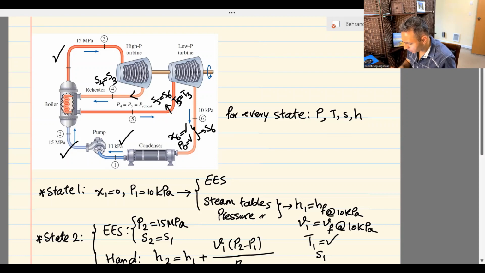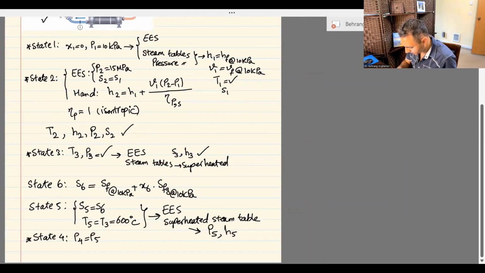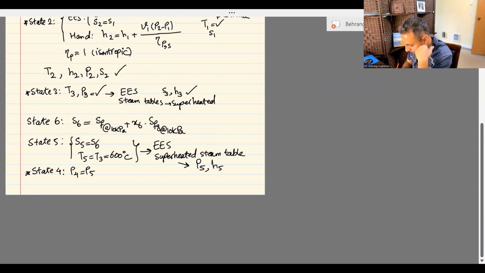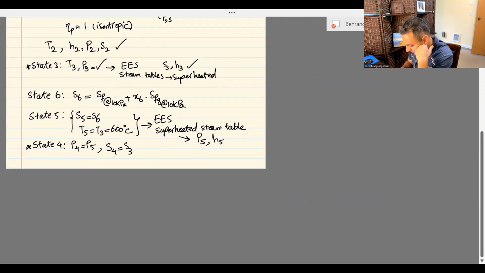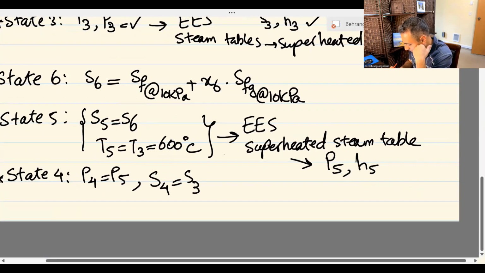Now I know that state 4 is also superheated. So I have P4, and I happen to have S4. S4 was supposed to be S3. Again, I have two independent properties here, so state 4 is also determined.